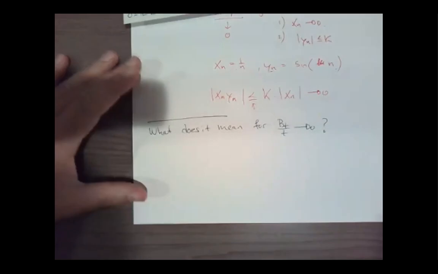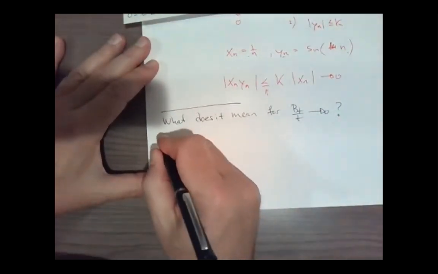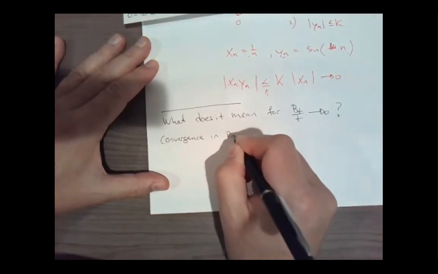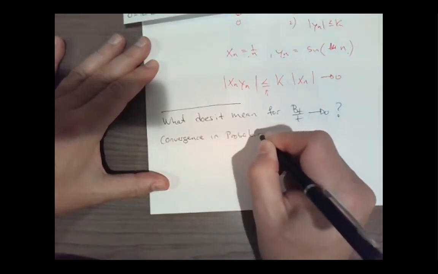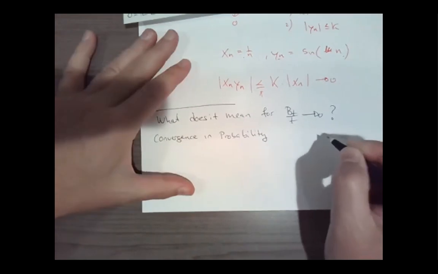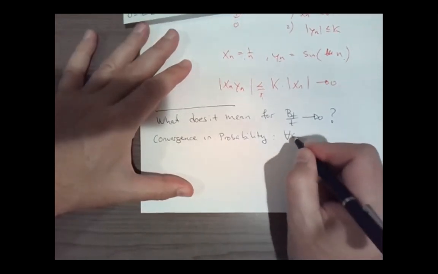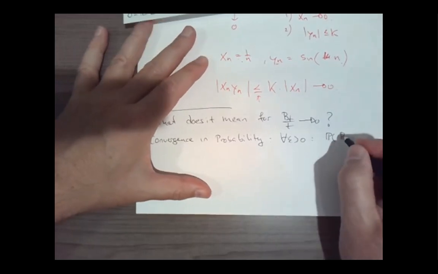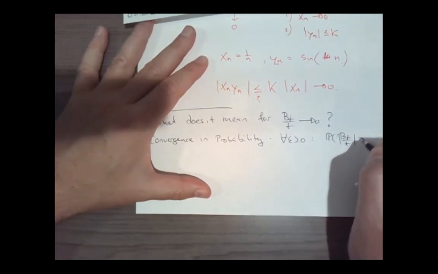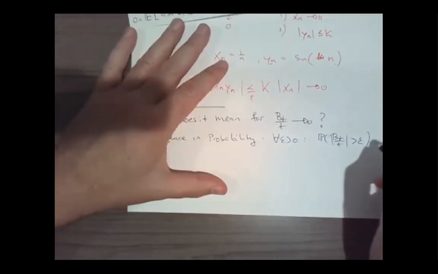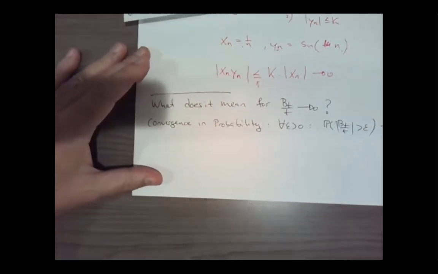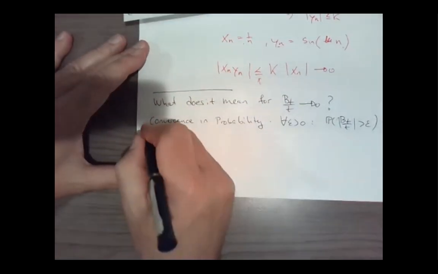The weakest type that you can come up with is convergence in probability. You give me an epsilon, then the probability of B_t over t being bigger than that epsilon goes to 0 as t goes to plus infinity. That was the one we showed.